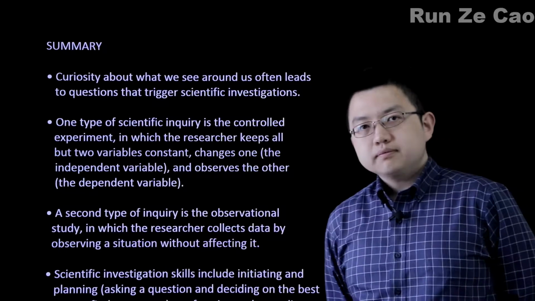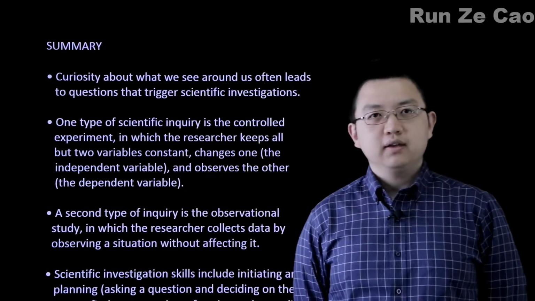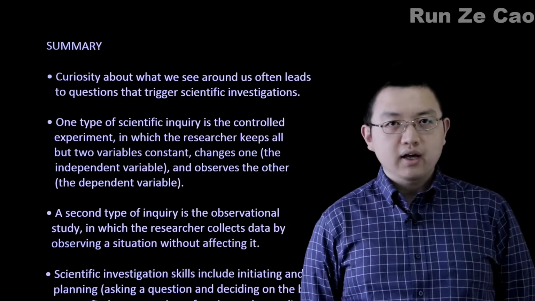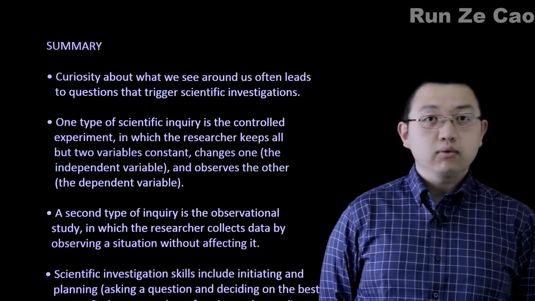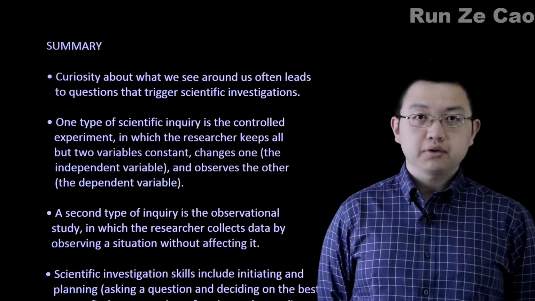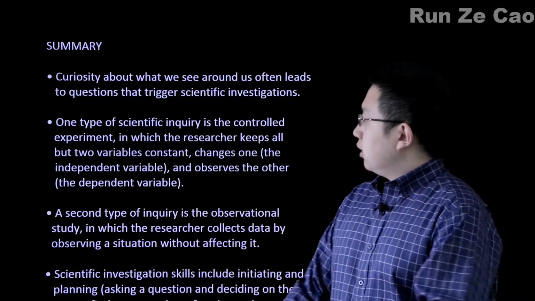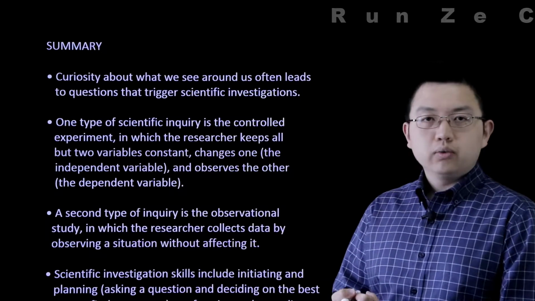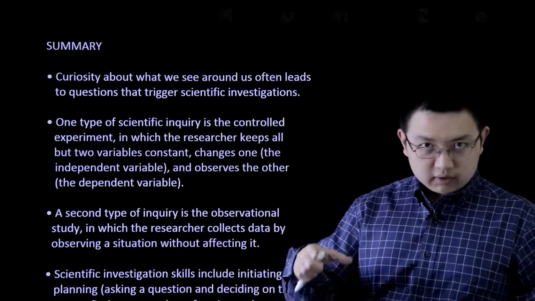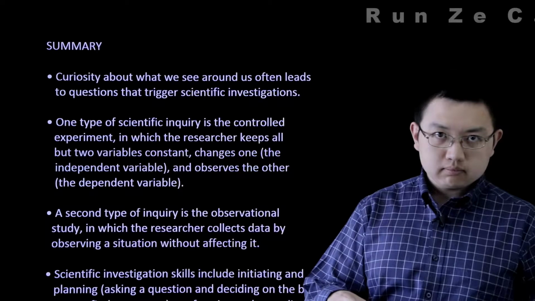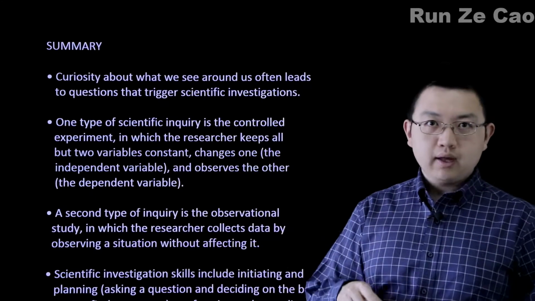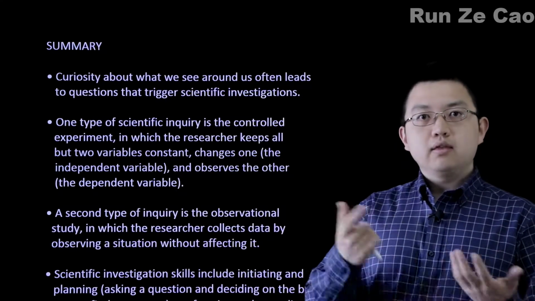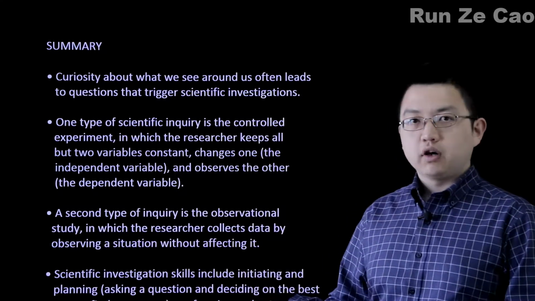In summary, we do scientific investigations because we're curious about why the world works the way it does. Or, alternatively, we're curious about how the world works. So, we have the controlled experiment where we control most of the independent variables, or all except one, and that one we vary, and then we measure the dependent variable's results.